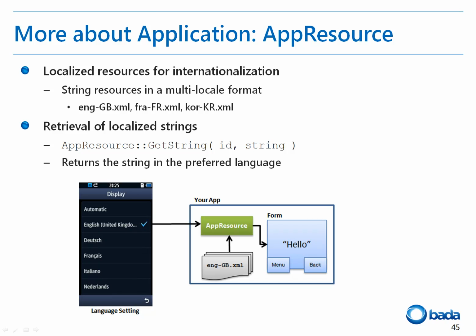You can use string resources in your application to handle and display localized strings. The IDE generates language-specific XML files with the language and country code, such as eng-gb.xml, from the string tables to the res folder of the application project.